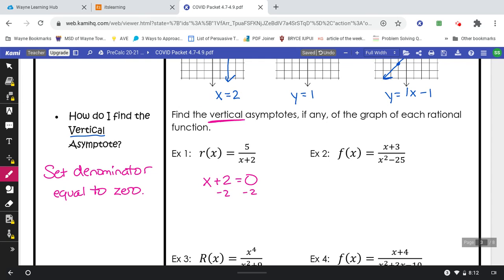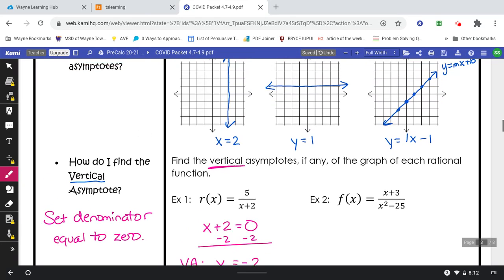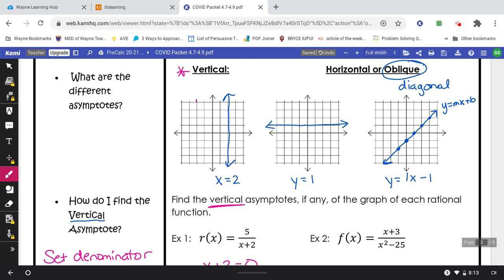Subtract 2 from both sides. x equals negative 2. So that I can keep things straight later, I usually write the letters VA in front to stand for vertical asymptote. So the vertical asymptote is x equals negative 2. Just so you can see, if I were to graph that, you would have it over here at negative 2, a vertical line.